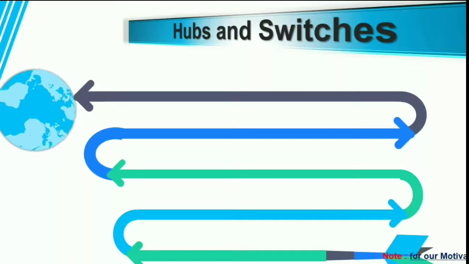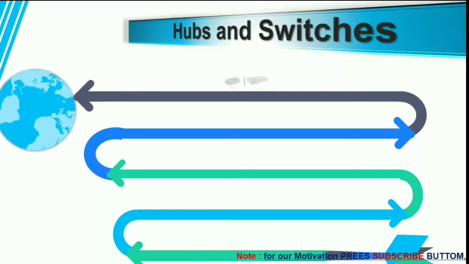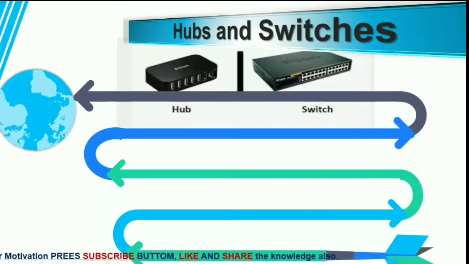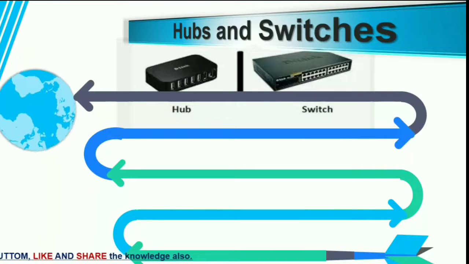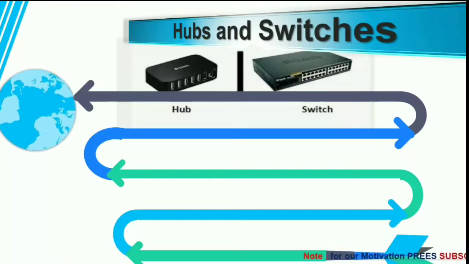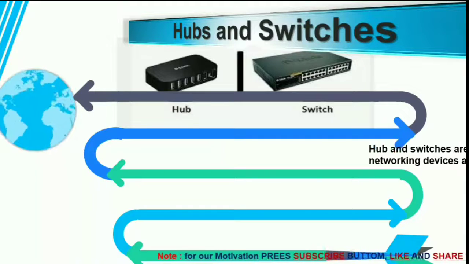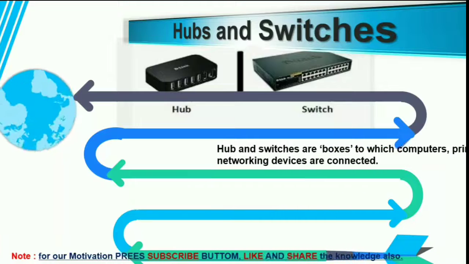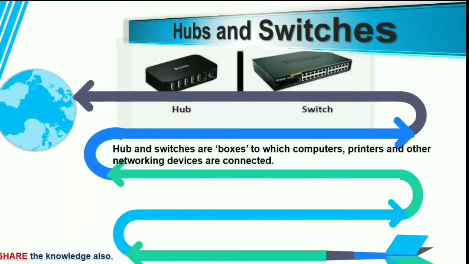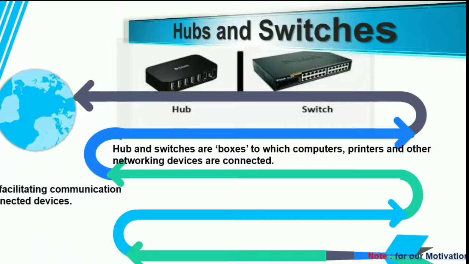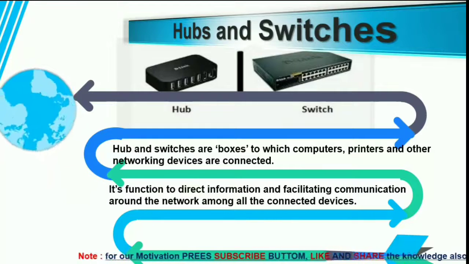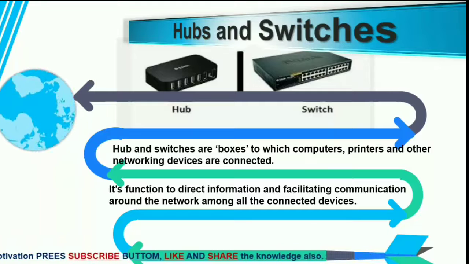Okay, second device is hub and switches. It is also a networking device. Hubs were used in earlier days. Now we are using switches to connect different peripheral devices. They play different roles for different devices. Hubs are used for connecting same devices in the same computer, and switches are used to connect different devices or one computer to another computer.